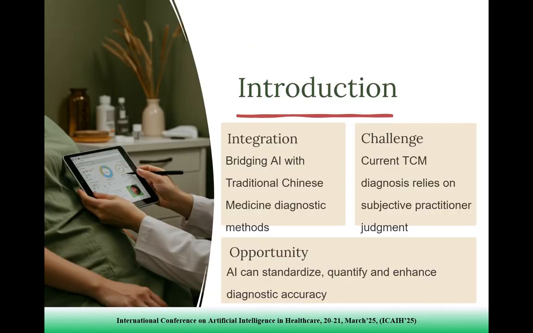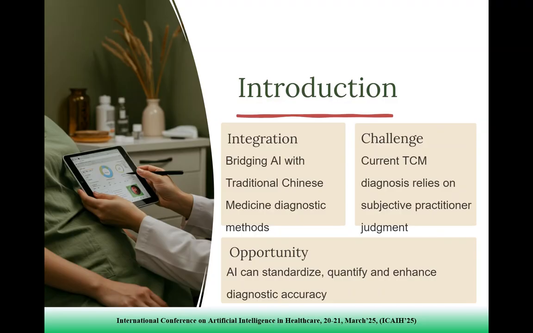When we talk about AI in traditional Chinese medicine (TCM), we are combining AI with traditional Chinese medicine methods. But on the other side, we have challenges, like diagnosis relies on subjective practitioner judgments. Traditional practitioners take time, effort, and focus to diagnose patients.